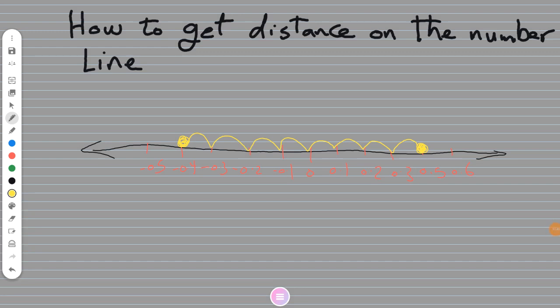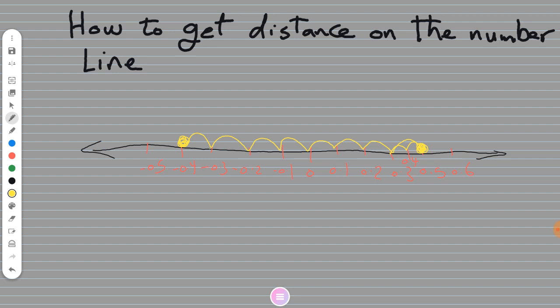Sorry, I forgot to put here 0.4. Actually, after 0.3, there is 0.4. So I have 9. 1, 2, 3, 4, 5, 6, 7, 8, 9. Okay? It's by our eyes.